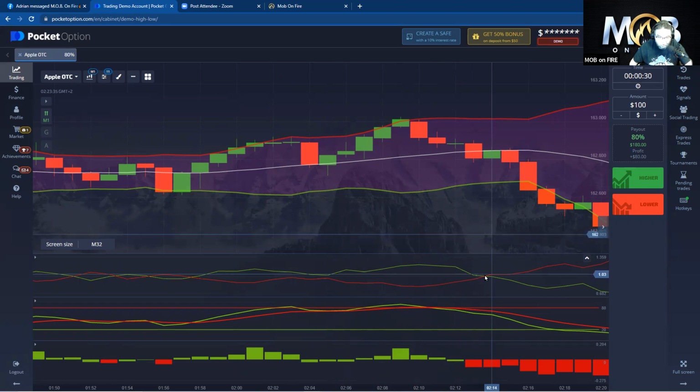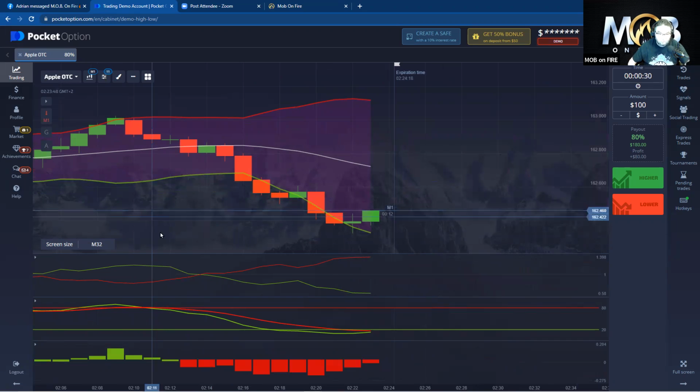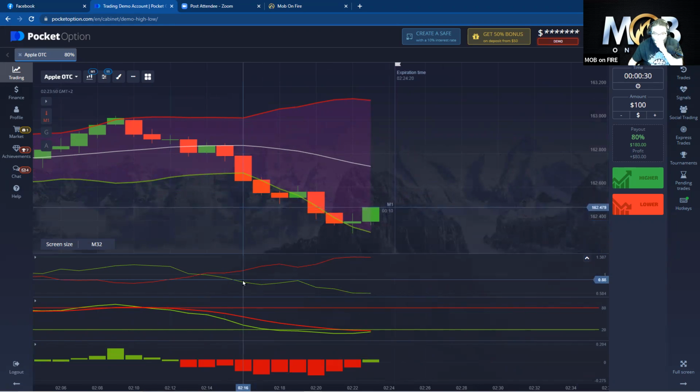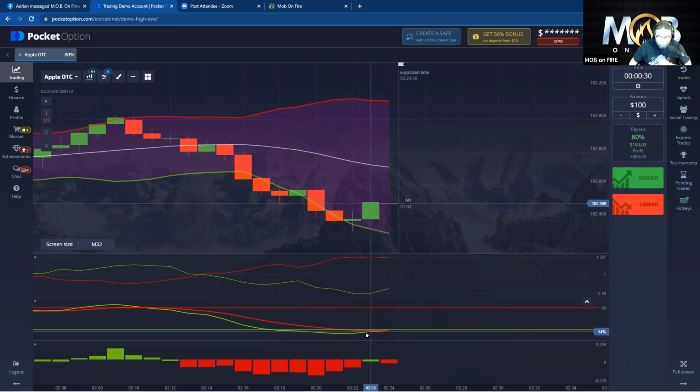You see the cross right here. That's when the market changed from buyers being in control to the sellers being in control, to where we are right now. But again, when you look at the oscillator over here, the sellers are still on top with the buyers on the bottom, and it's about to change.